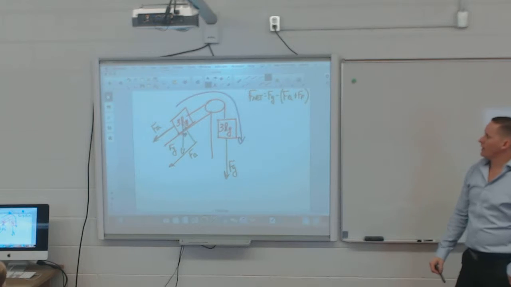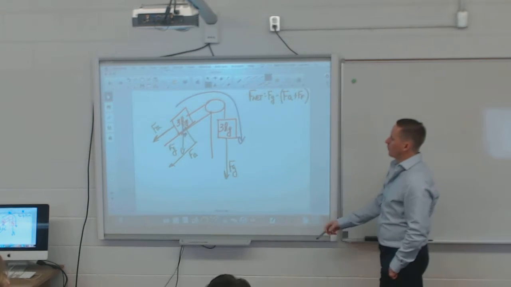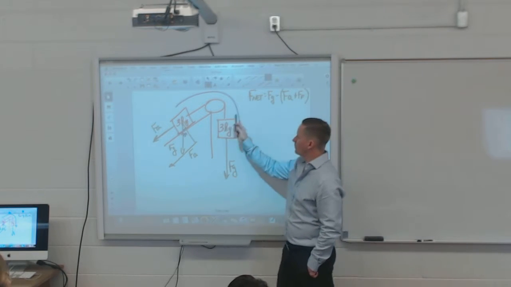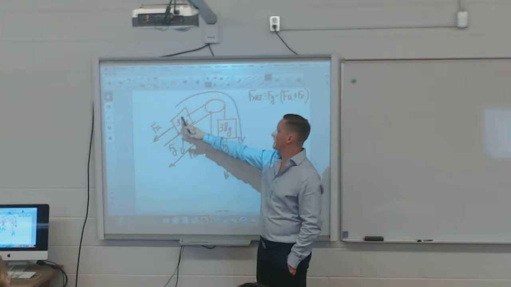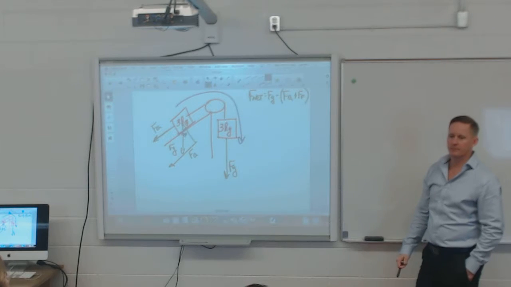So when you're doing this question, to find out the acceleration of it, the force that's moving them is this force right here. The force that's holding them back is the applied force going down, and the force of friction, because that's also affecting it, going up.